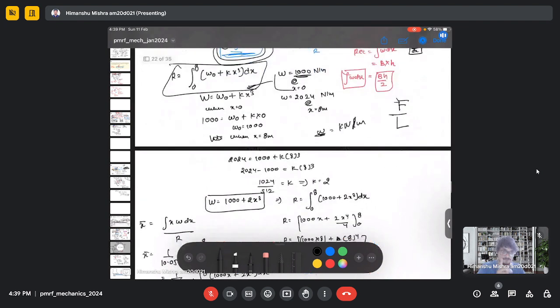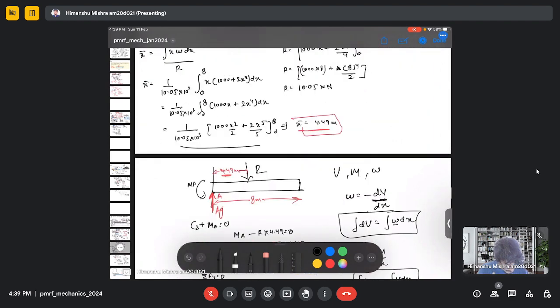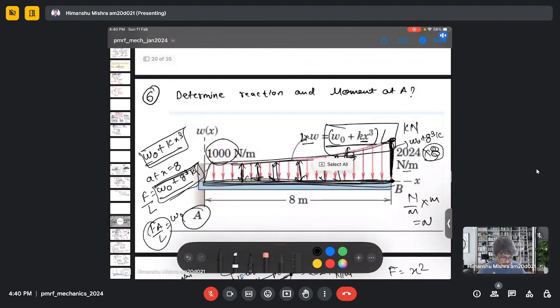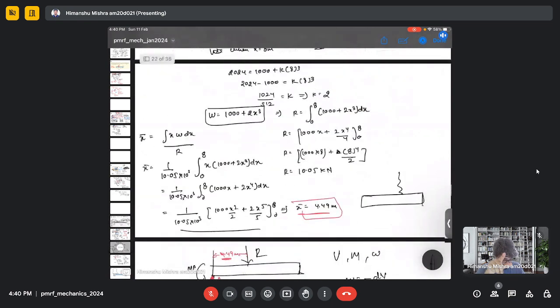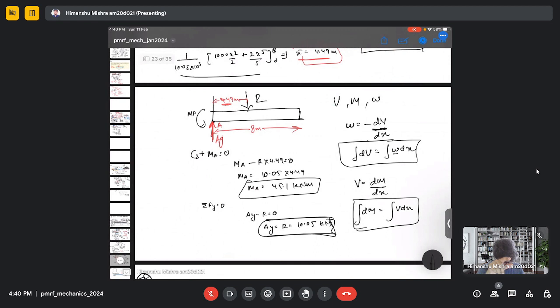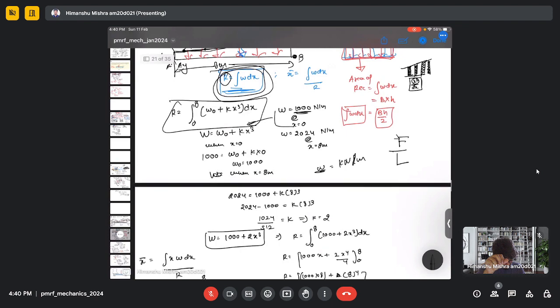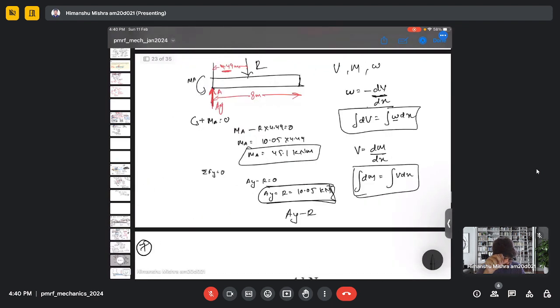So for example, in order to find the force at B, what you need to do, you need to find the resultant force because this force is acting at some specific point, which is R, and when you do the force balance analysis, it will be just AY minus R. And that we found actually it is minus VB equal to 0.